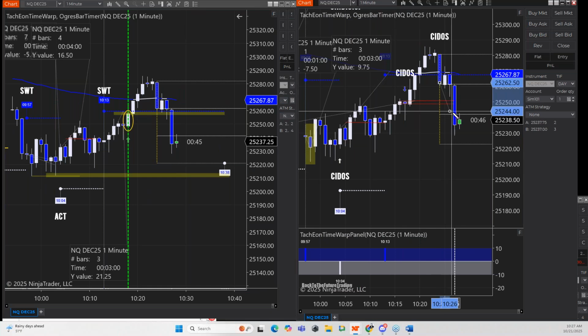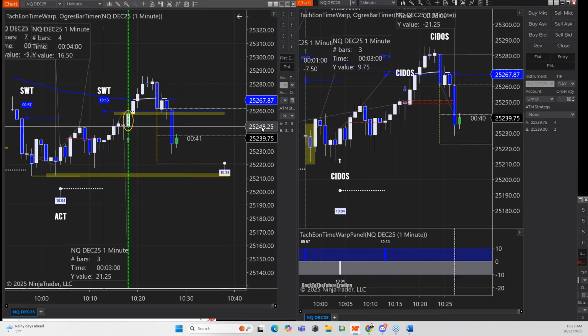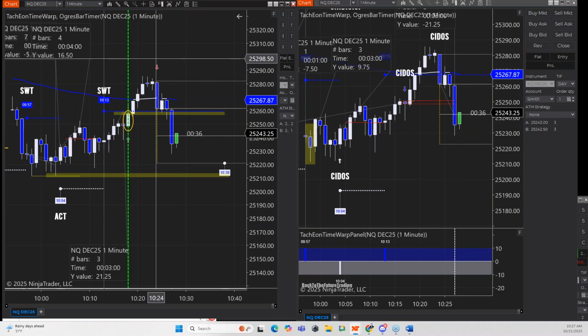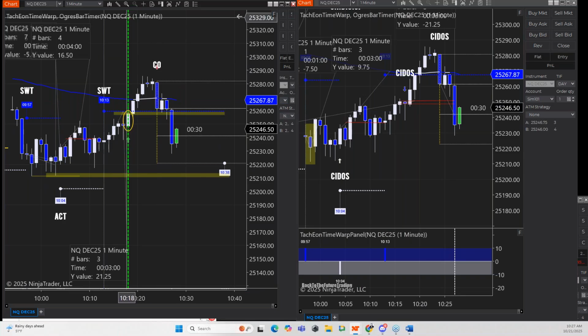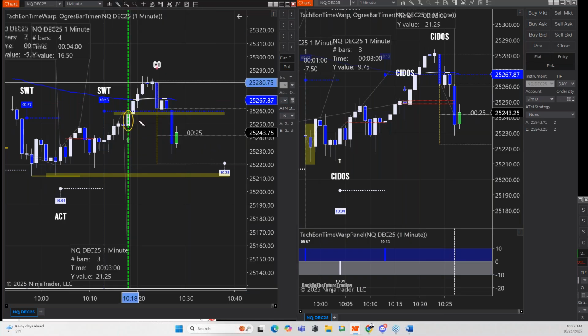So the CDOS here eventually hit 100% for a $21 move in our direction. The crossover trade we talked about at the open got to our 150% mark and we took the money.